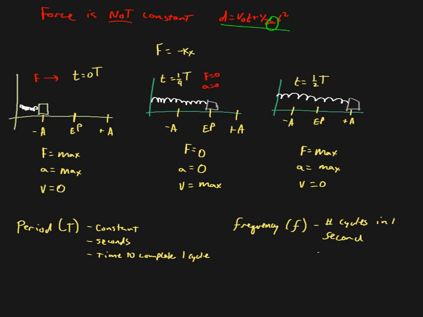The units for frequency are going to be the reciprocal second, s to the minus 1, or we could write it as 1 over s, or the more common term is hertz. All right, and our relationship between frequency and period is that frequency is equal to 1 over the period. Frequency equals 1 over T.